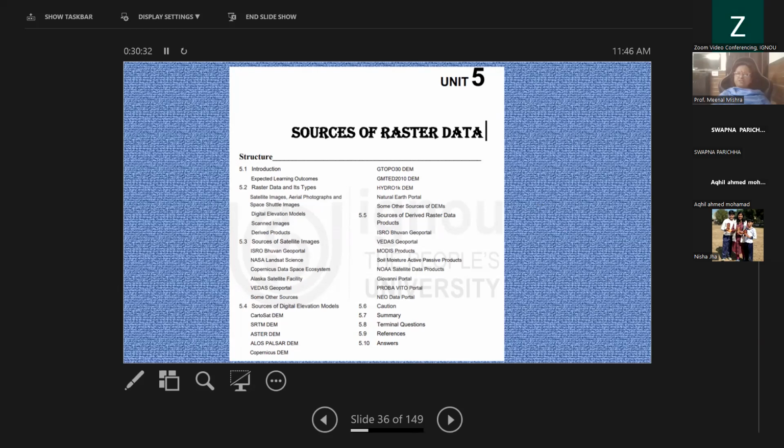This is the structure which you will see in your SLMs. First, we discuss the raster data and its types, the sources of satellite images, then sources of digital DEMs, that is digital elevation models, and then sources of derived raster data. For PGCGI students, there is additional information.